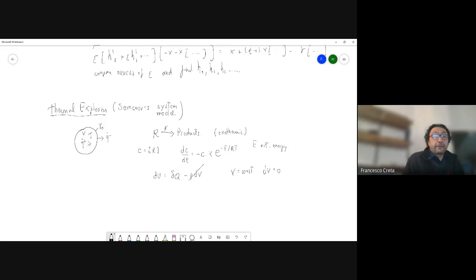We also have the fact that du can be written as the constant volume specific heat, c_v, times dT. This will be equal to dq.